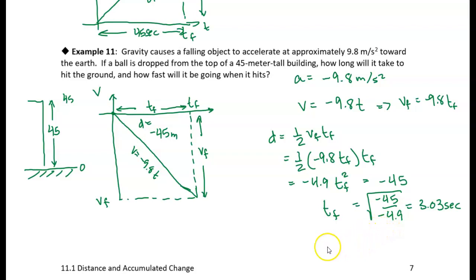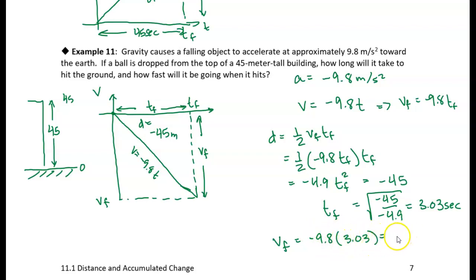And I also want to know what the final velocity is when it hits the ground. Now that I know it took 3.0 seconds, I can use my equation for velocity. So the final velocity is negative 9.8 times 3.03.